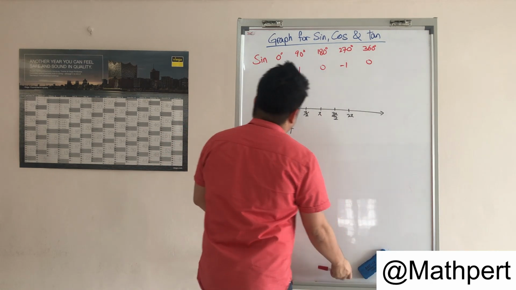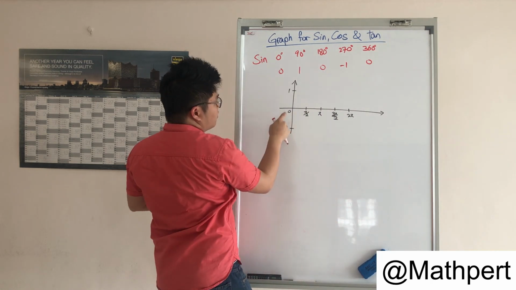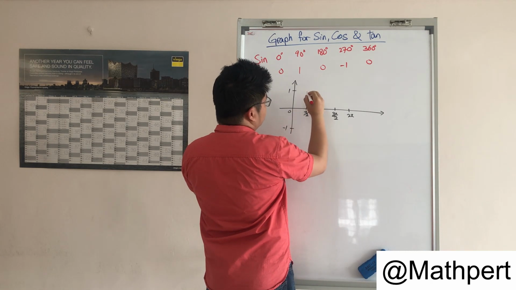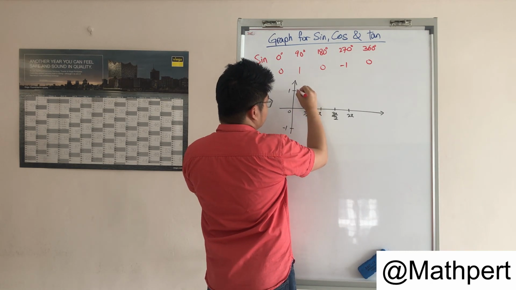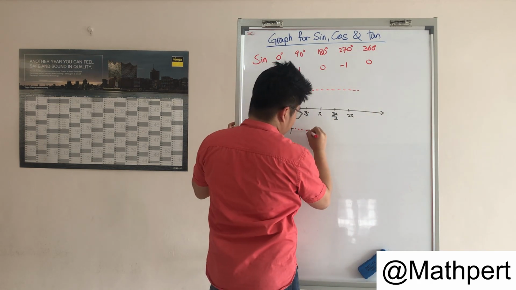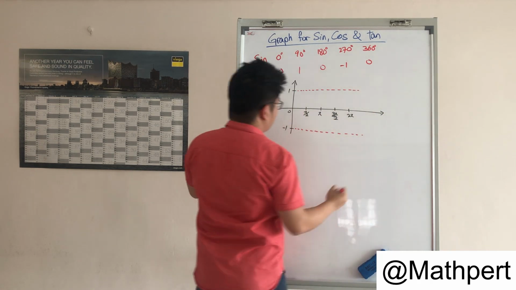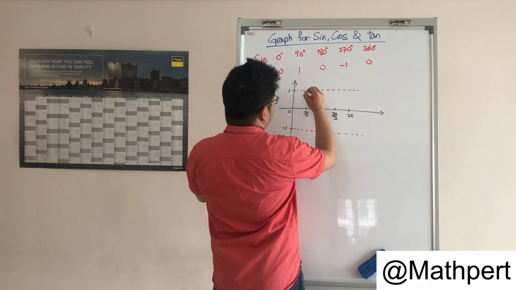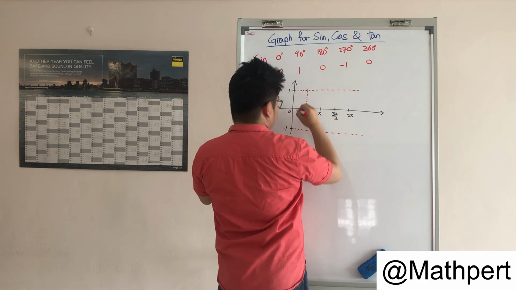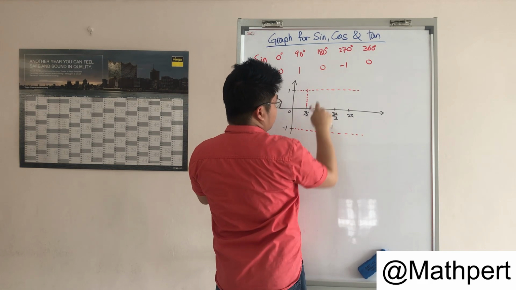So sine 0 is equal to 0. So here sine 90 is equal to 1. Sine 180 is 0.